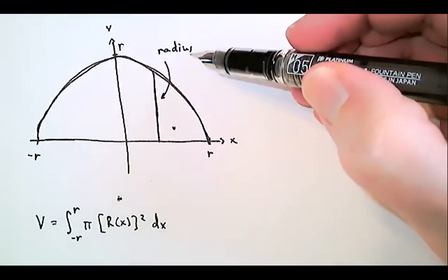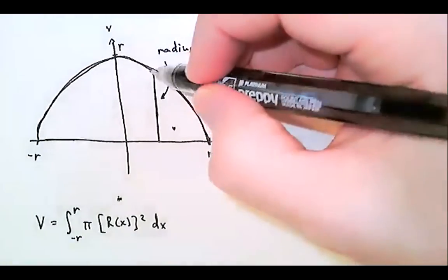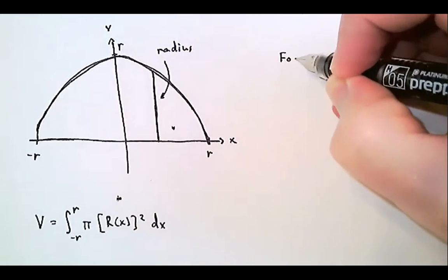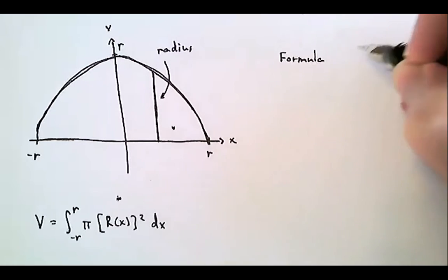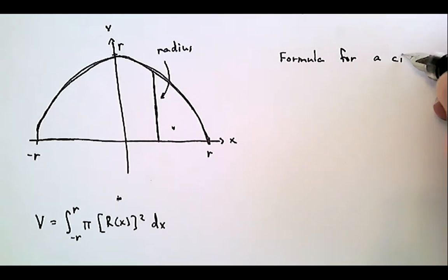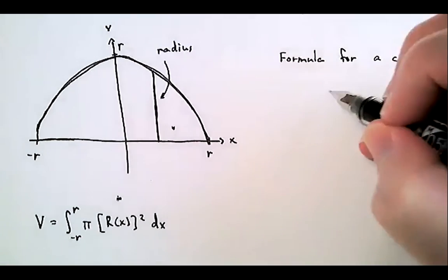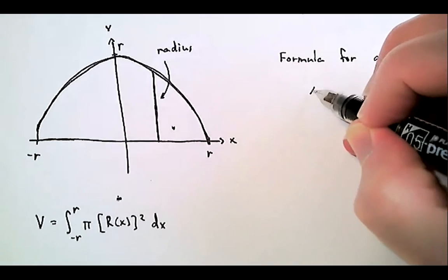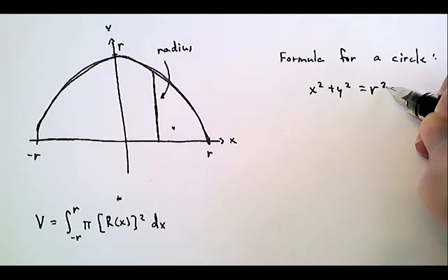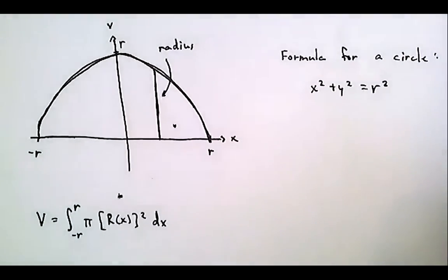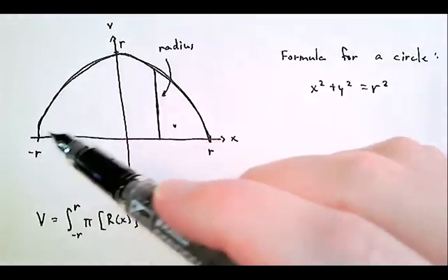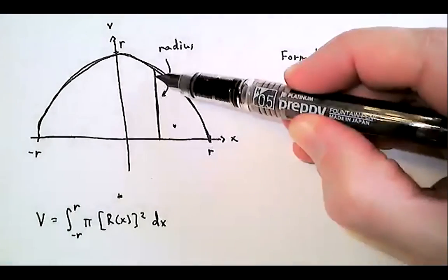And we have to spend a few seconds figuring out what this actually is. What is the radius? Let me write over here the formula for a circle is this one, x squared plus y squared equals r squared. Okay. And we only want the upper half of this circle, and we want to figure out how high it is.